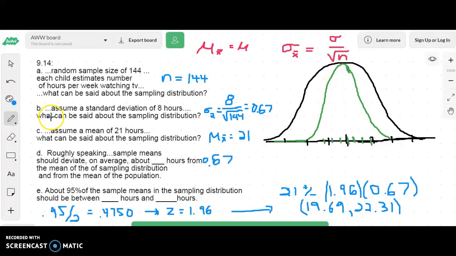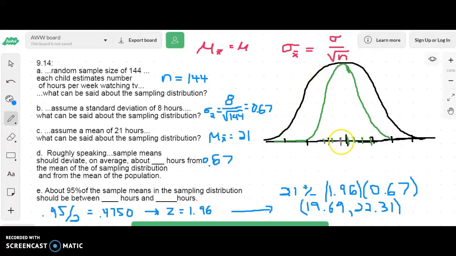The next question is, assume that the standard deviation of the population is 8 hours. What can be said about the sampling distribution? Again, this sampling distribution is the distribution of all the different possible averages from samples of size 144 out of the group. If we plotted those averages, they are not going to be spread out as much as the original population of individual students.